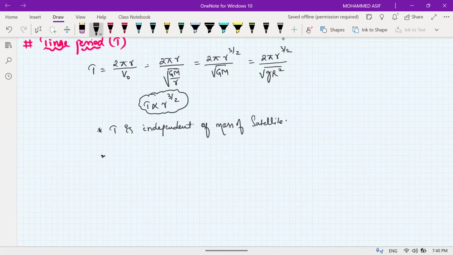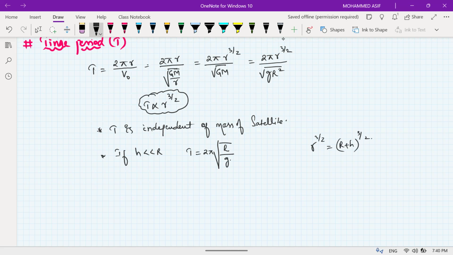Now one more. If h is very small or nearer to the radius of the earth, then time period will be given by the formula T equals 2 pi under root of R divided by g, because small r to the power of 3 by 2 is nothing but capital R plus h to the power of 3 by 2. Isn't it?